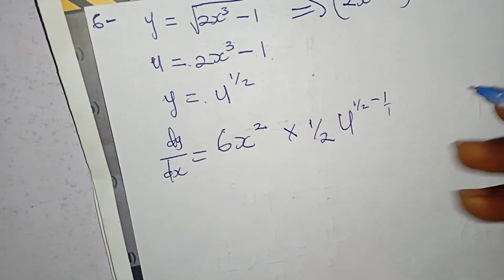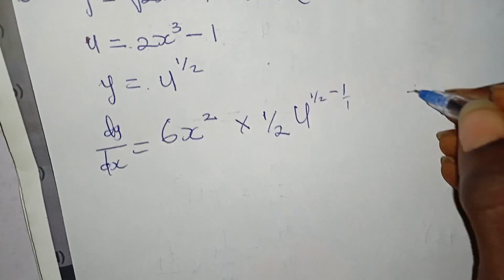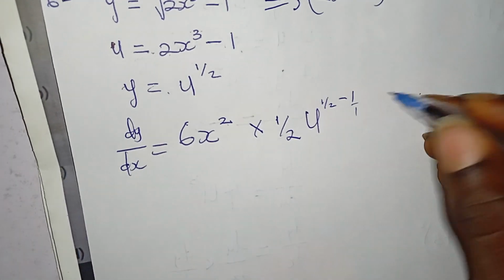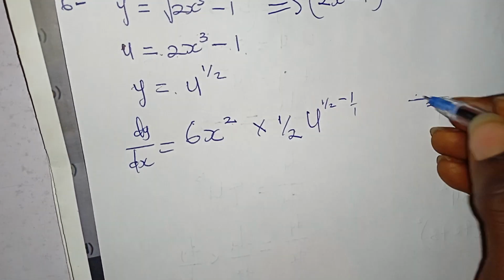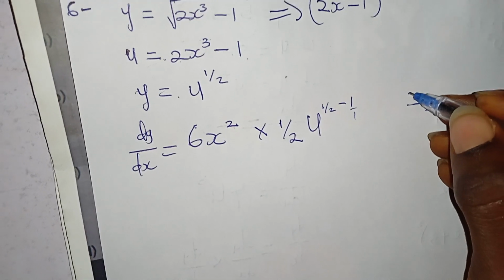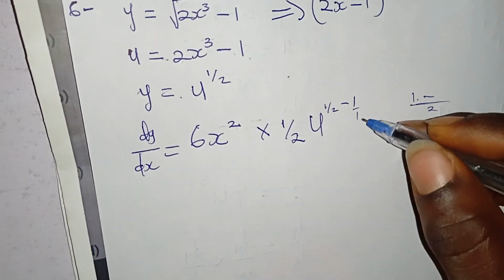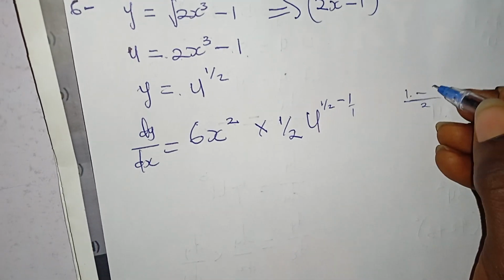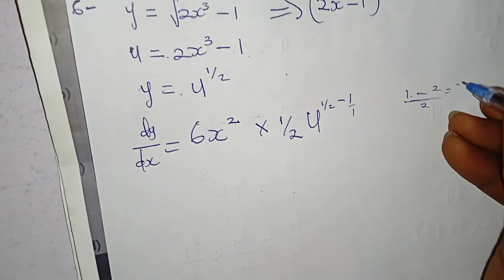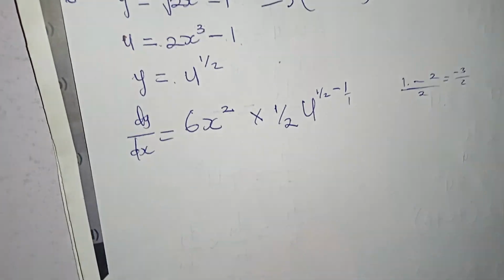So this is the same as saying, let's do it this way: 1 minus 2 is minus 1, over 2. So this is minus 1 over 2.